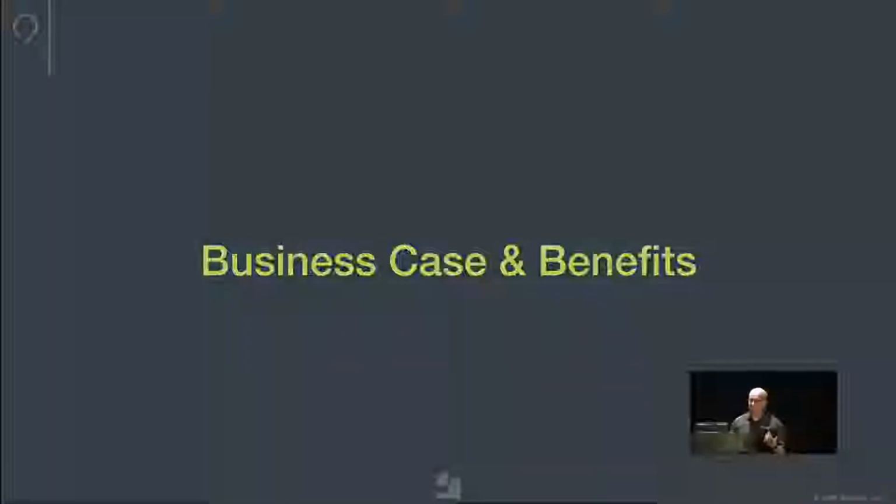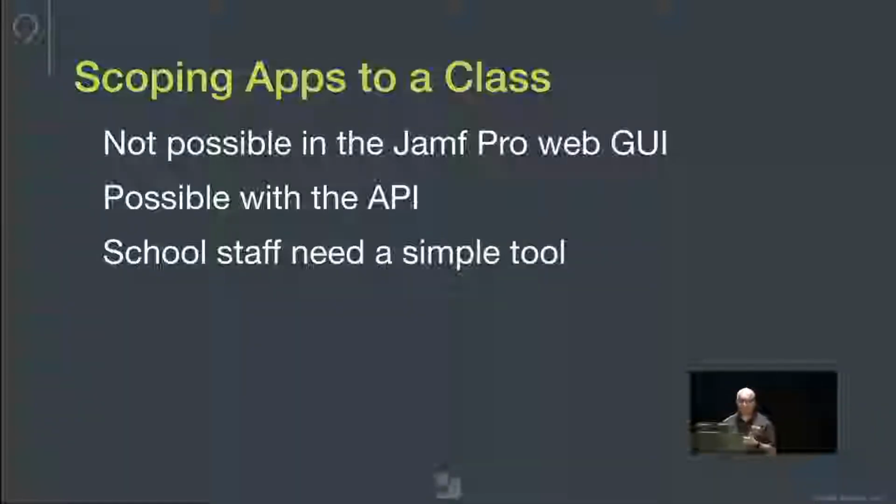So for a business case, the problem that we wanted to solve is we wanted to be able to scope apps, VPP apps specifically, to a class in the sense of an Apple School Manager class, right? And that's not possible in the Jamf application. If you go to the native UI, class is not a scopable criteria, and it's not a criteria for a smart group, so you can't do it directly.